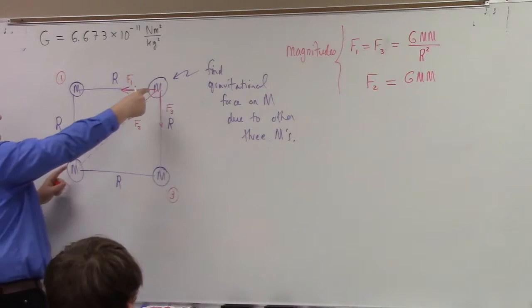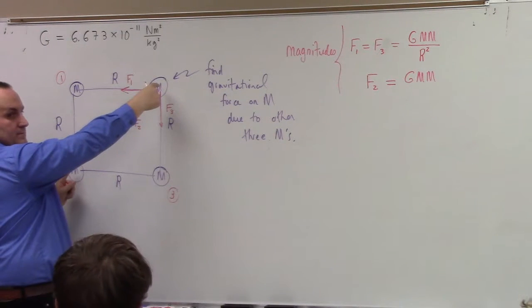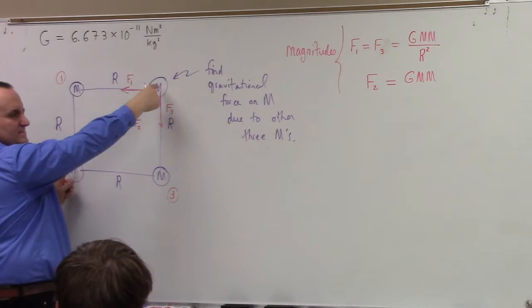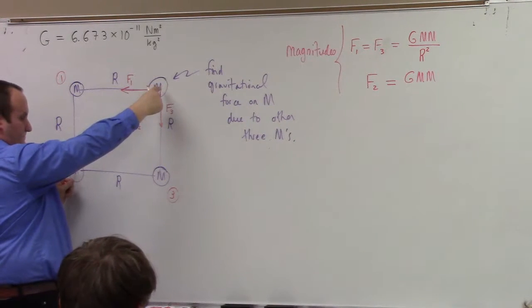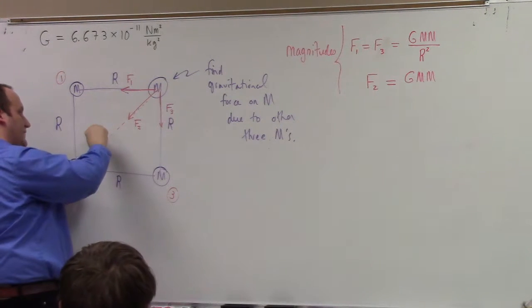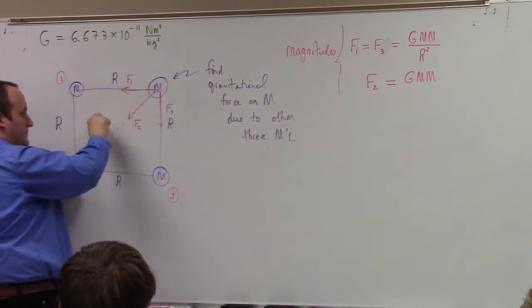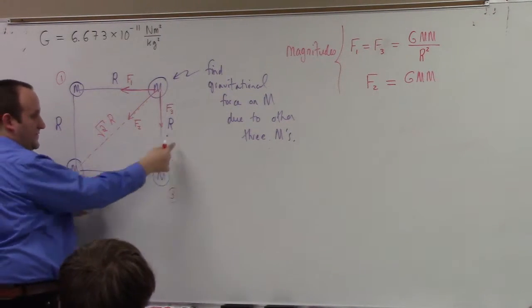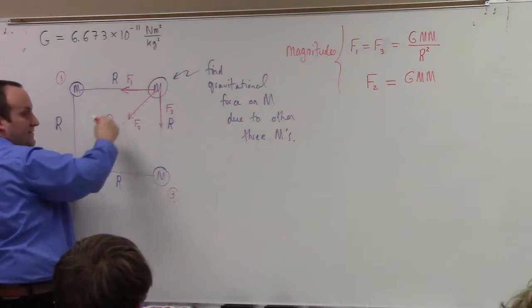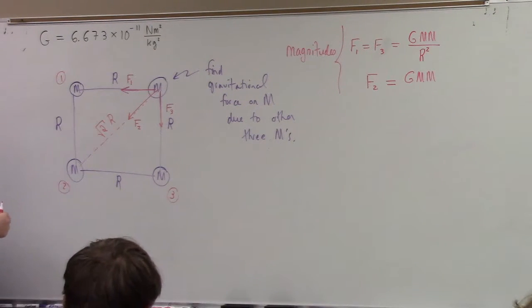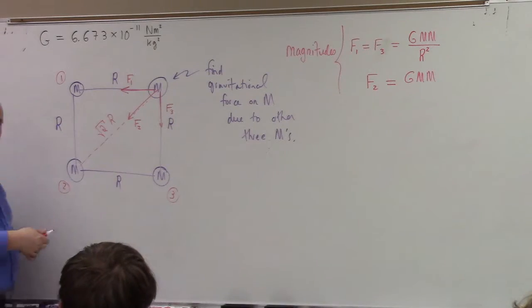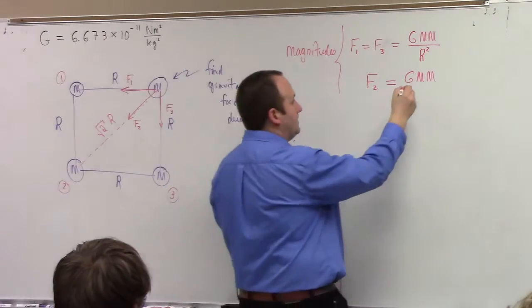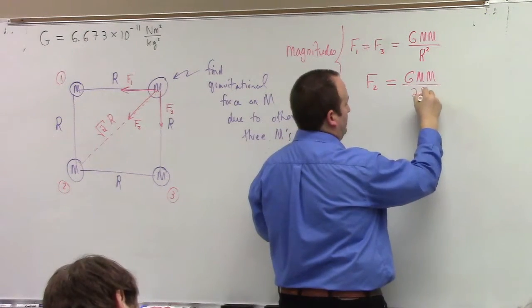What's this distance? I heard square root of 2. I like that. This is square root of 2 times r, right? Because r squared plus r squared gives me 2r squared. Square root of that is the length of the hypotenuse. But then you got to square it, right? So that's what? 2r squared. All right.